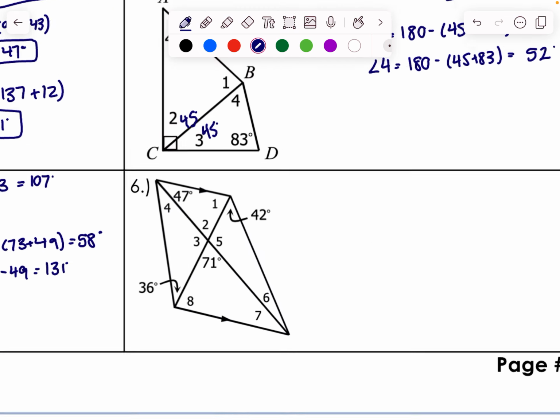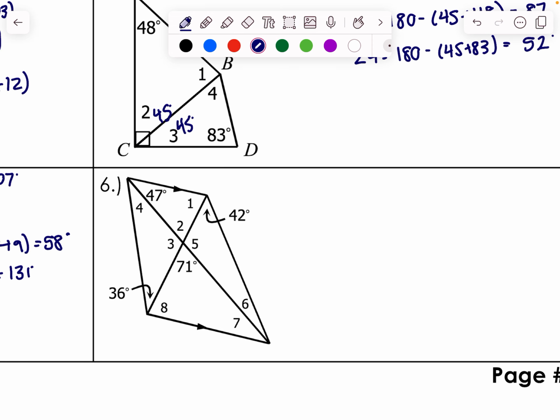Okay, so then if we look at something like number 6, kind of got a lot going on here. We have parallel lines, we have triangles, so we can really start wherever. I usually start with linear pairs. I know 71 and 3 are a linear pair, so that's going to be 109.